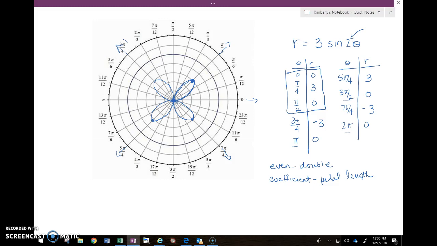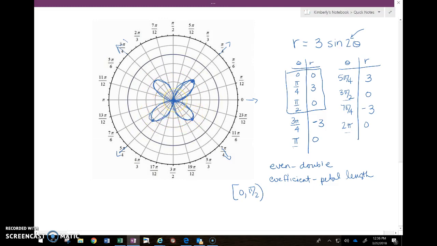So that's really the important thing, that it takes from 0 to pi halves to create one petal, and all the rest of them are of the same length and of the same area, and they split evenly into the 4 quadrants. I can imagine when you graphed it last year in advanced pre-calc, we didn't really care the order in which it traveled. We just went boom, boom, boom, boom.